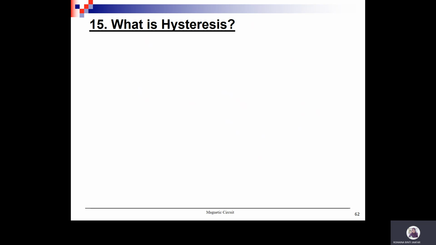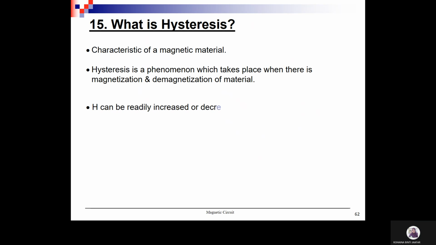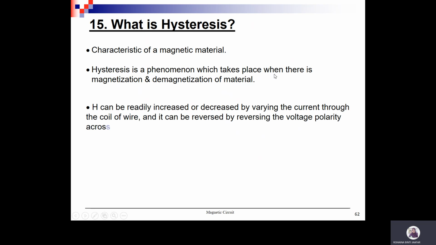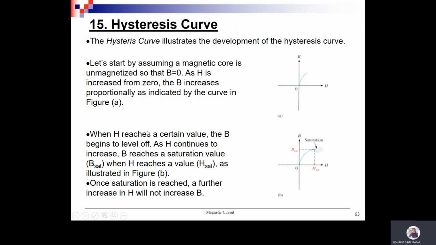Okay, and then what is hysteresis? Hysteresis is the phenomenon which takes place when there is magnetization and demagnetization of a material. H can be readily increased or decreased by varying the current through the coil of wire, and it can be reversed by reversing the voltage polarity across the coil.